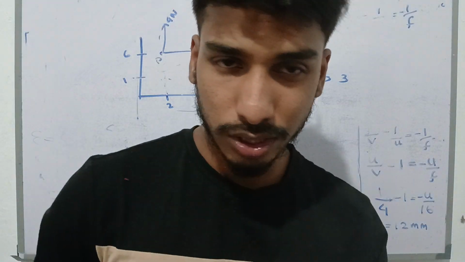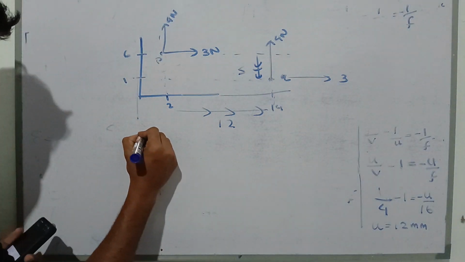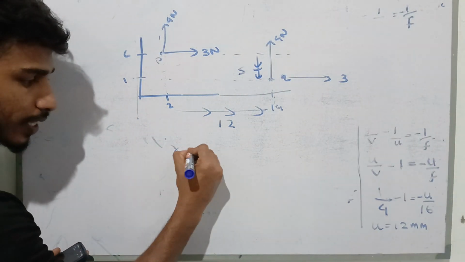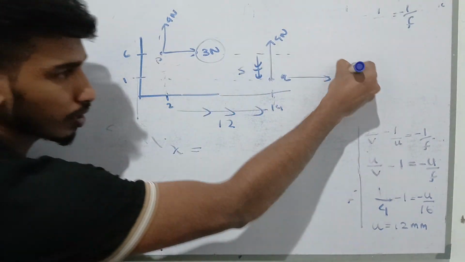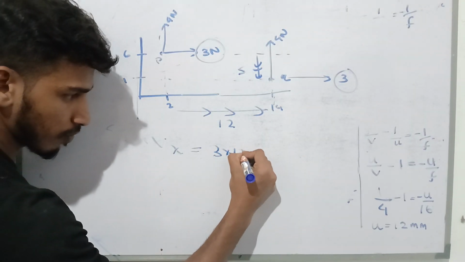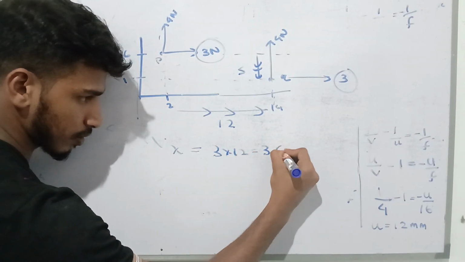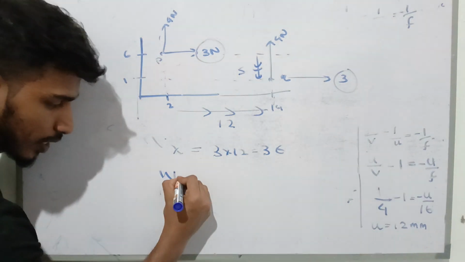So 14 minus 2 is 12. Work done in the x direction is 3 Newton force, distance traveled is 12, which is 36. Okay.